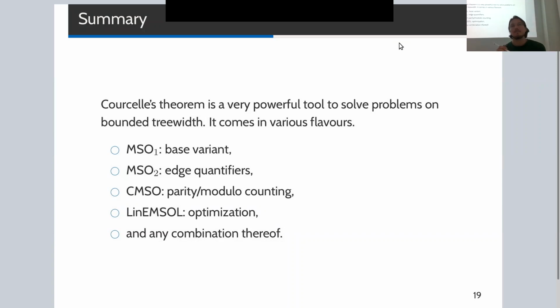So that means that LinMSol can work with linear constraints? Not linear constraints, linear optimization functions. Okay. So you can, for example, optimize some set, and in this set, the number of red vertices minus the number of green vertices should be optimized.